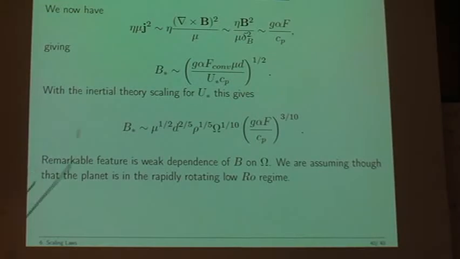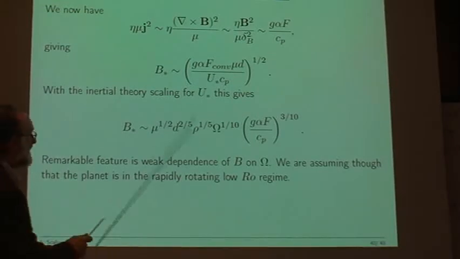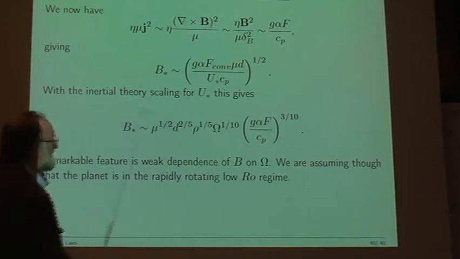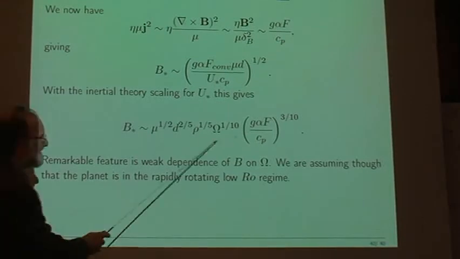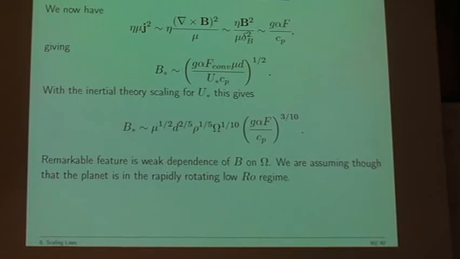But I just want to, just to finish off, the most interesting thing about this formula, I think, is that obviously it goes up with the heat flux, like naturally. The more it's driven, the stronger magnetic field you'll get. But it's the amazingly weak dependence on rotation. So this theory, if correct, would suggest that in different planets the rotation rate hardly makes any difference to the magnetic field strength expected.